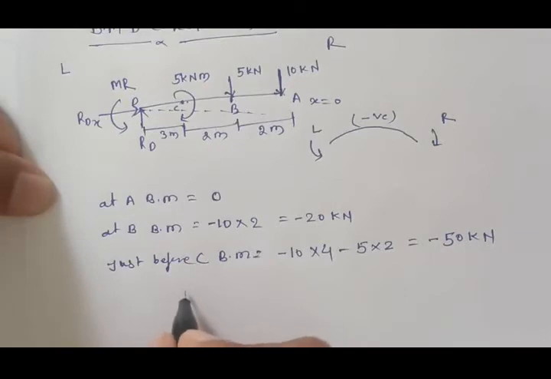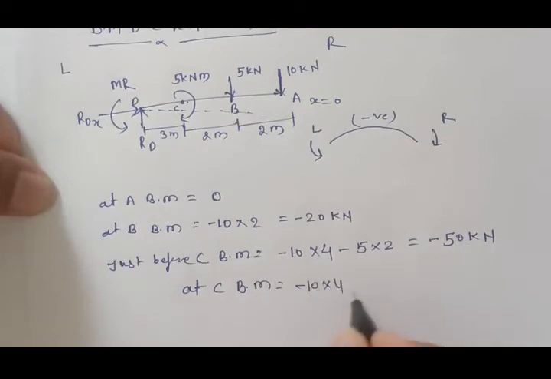And then at C the bending moment will be minus 10 into 4, minus 5 into 2, minus 5.